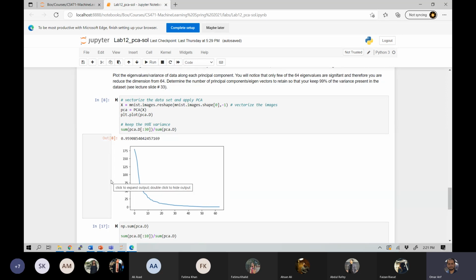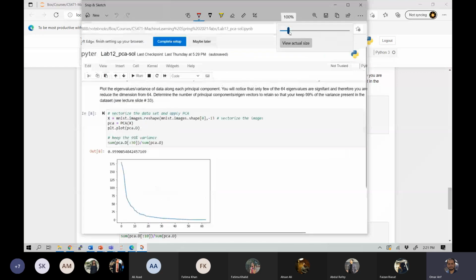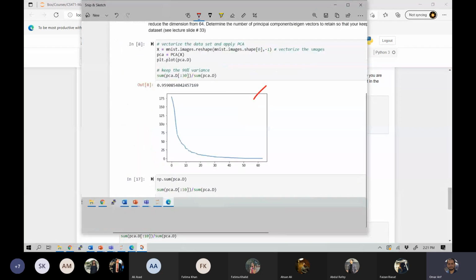This is what you're going to observe: the variances along these different 64 dimensions. This is the plot of that. On the y-axis you have the variance, and on the x-axis the dimension: the first principal component, the second, third, and so on.